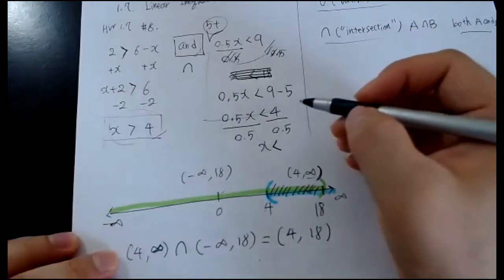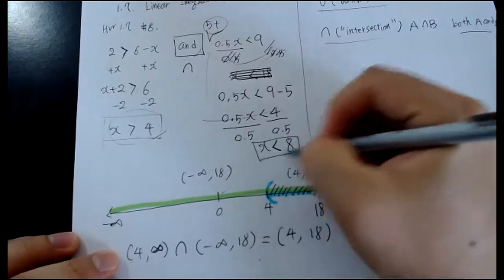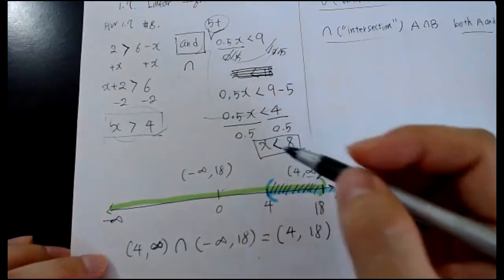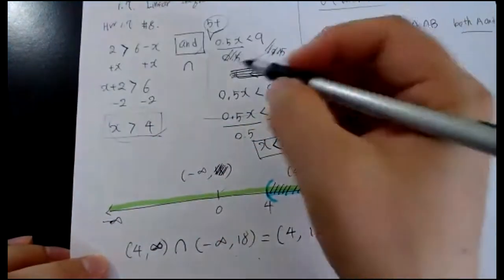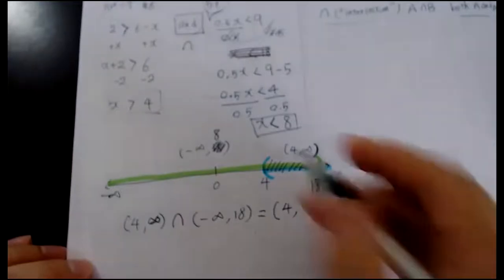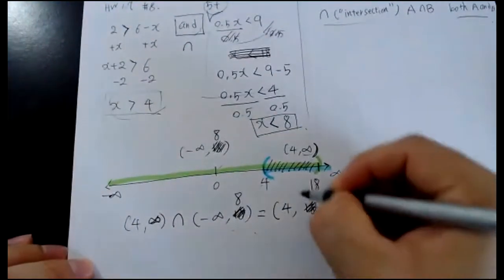So 4 divided by 0.5 is what? 8. So x is less than 8. So the solution set of the second linear inequality must be negative infinity to 8. So this is 8. So 4 comma 8.